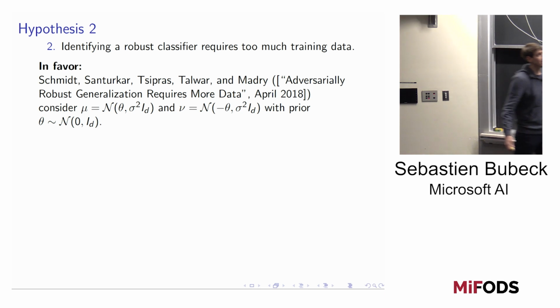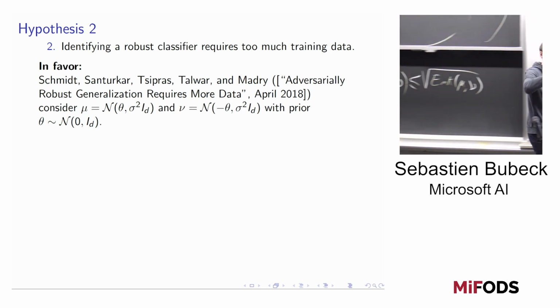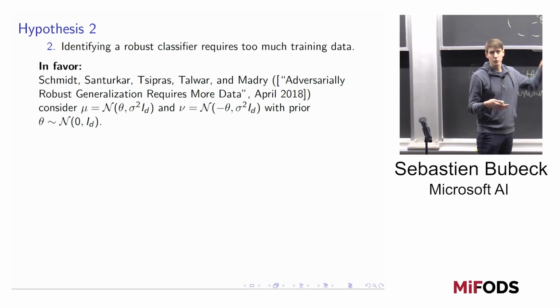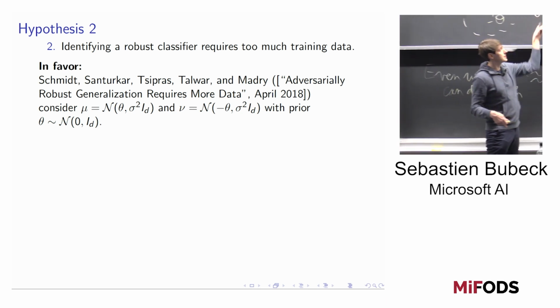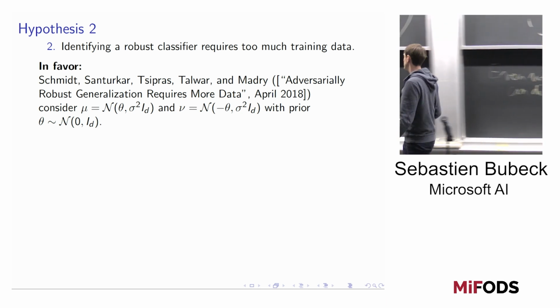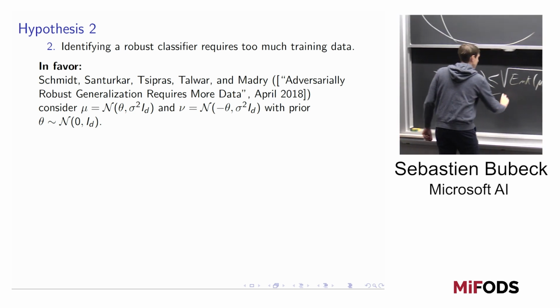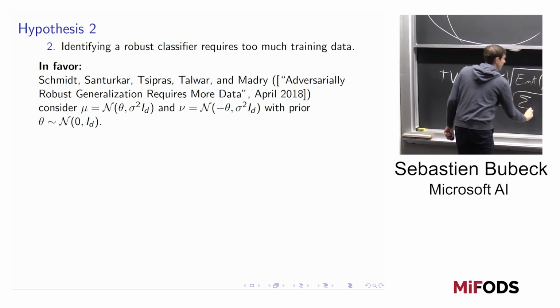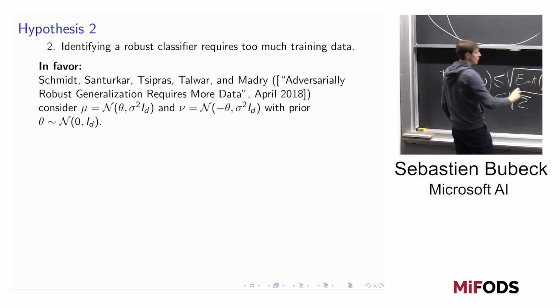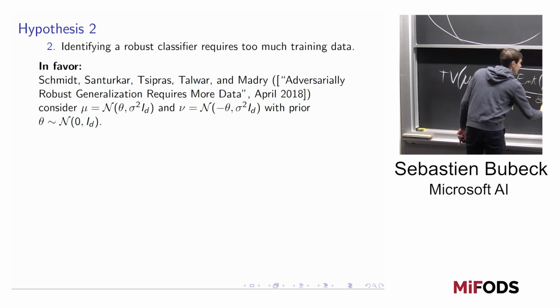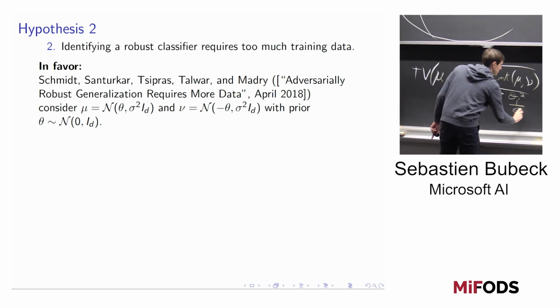For the relative entropy between two multivariate Gaussians, apply just the chain rule. You have d components, and this is smaller than the sum. The distance on the i-th coordinate is like theta_i squared over sigma squared.